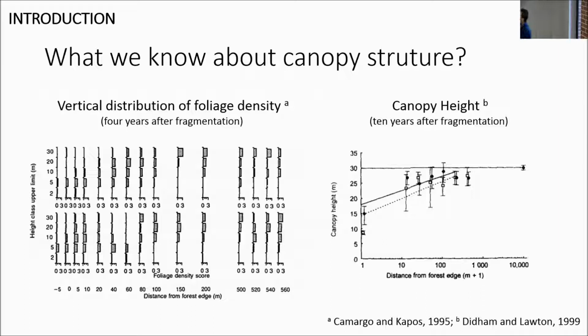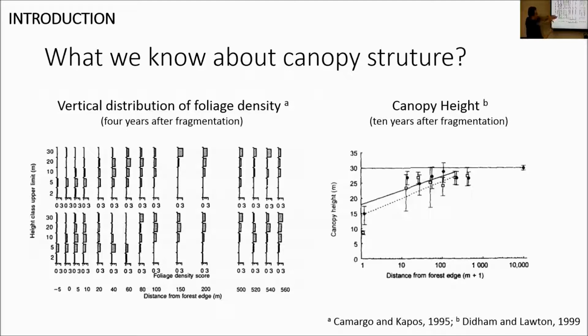Basically, this one, 4 years after the fragmentation, tried to show the distribution of the leaves on the profile. There's the canopy height, the vertical profile, the density of leaves, and the distance from the edge.